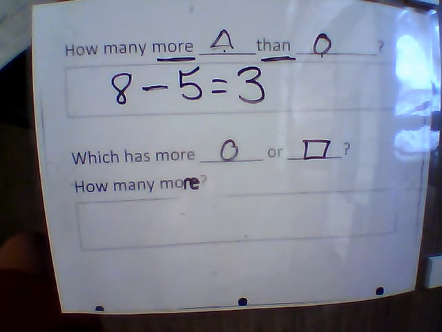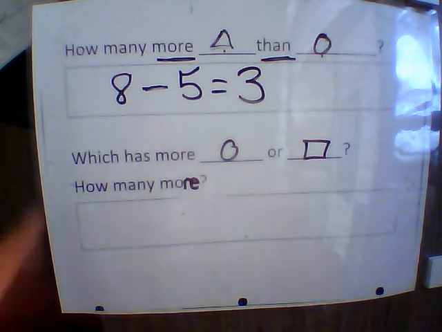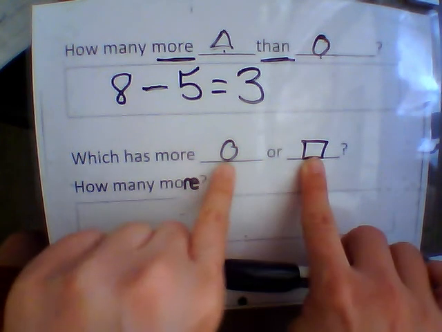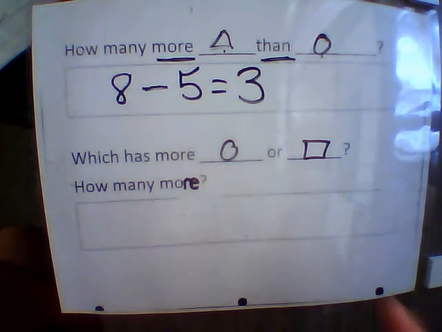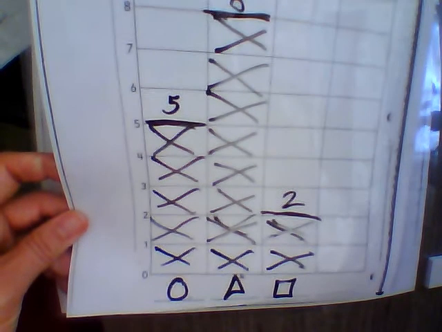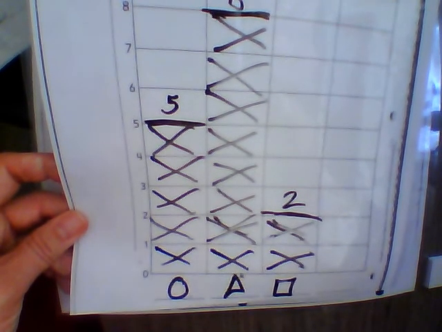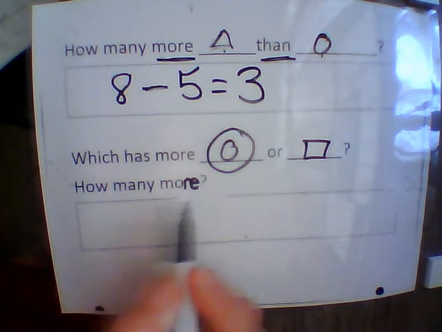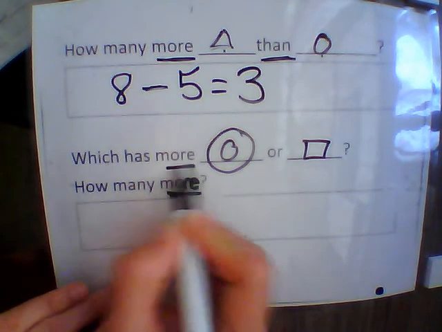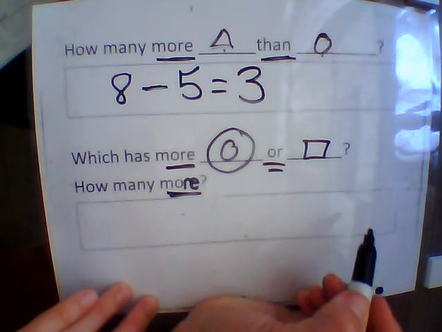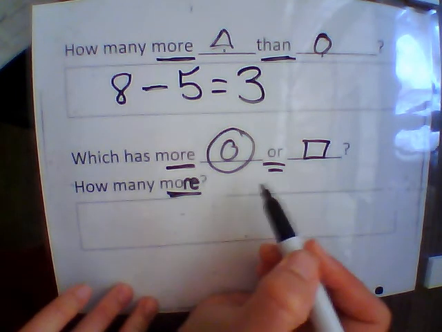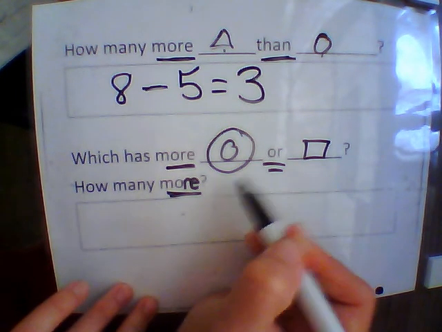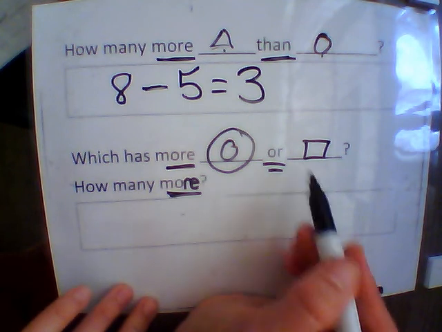Now moving on to which has more, circles or squares. So first we have to identify which one has more. Is it the circles or the squares? So let's go back to our data chart. We have 5 circles and we have 2 squares. So we notice that this one is much lower. So there are more circles. So we're going to circle that. And now we're going to figure out how many more, finding that difference. When we're trying to compare to see what's different, which one has more or fewer, we're finding the difference.